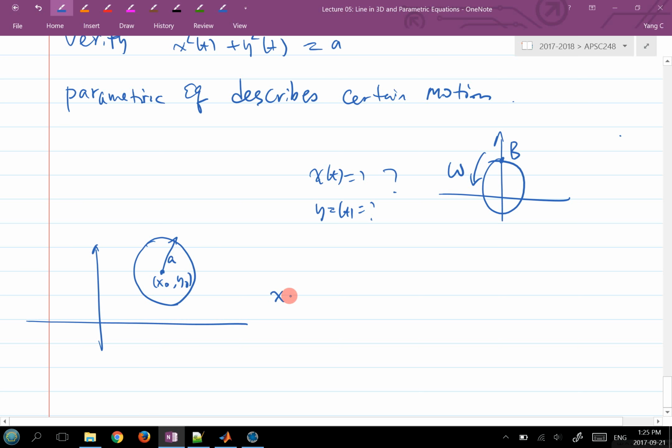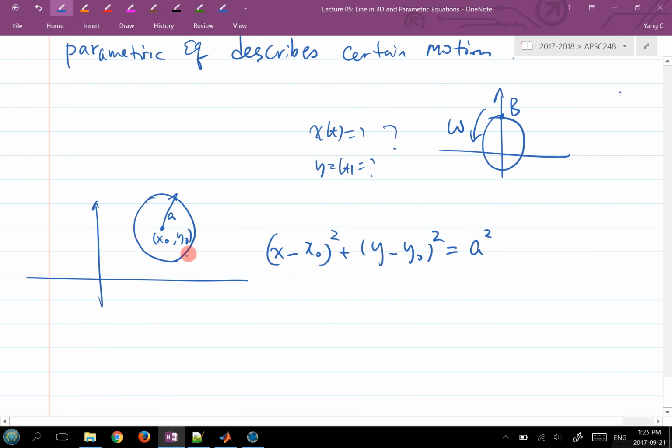Now for this one, in Cartesian coordinates, the Cartesian equation is x minus x naught squared plus y minus y naught squared equal to a squared. And that's basically one single expression describing this circle. As you can see, this one single equation really doesn't tell you anything about the motion, right? It only tells you the trajectory.